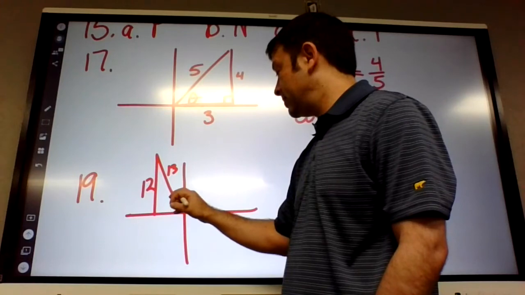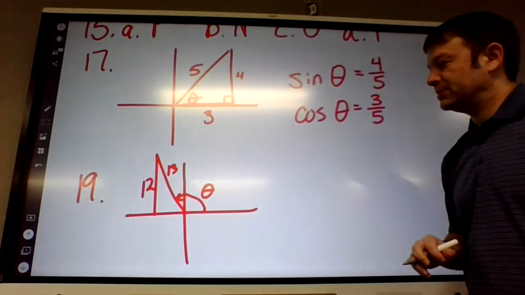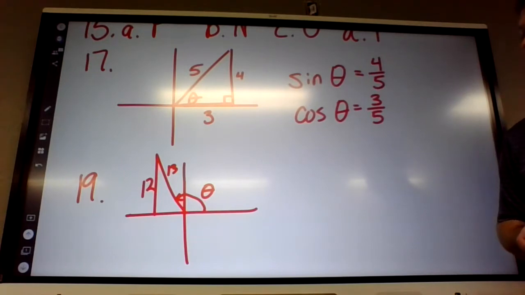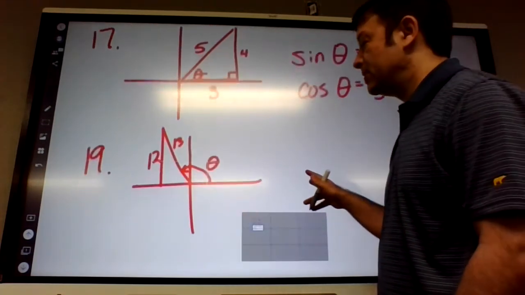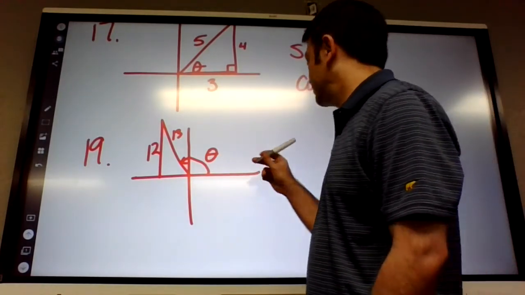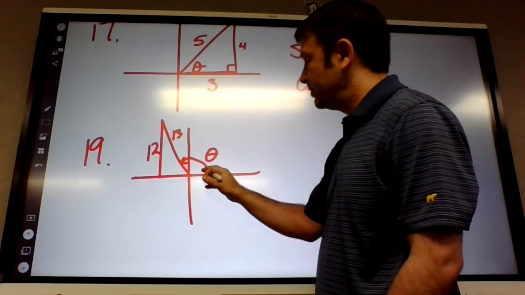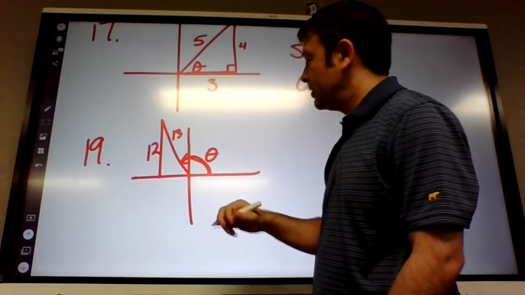On 19, theta is outside that triangle, which we haven't really seen anything like that before. But yeah, that is outside that triangle, because we're thinking of it rotationally, like this line goes this far.